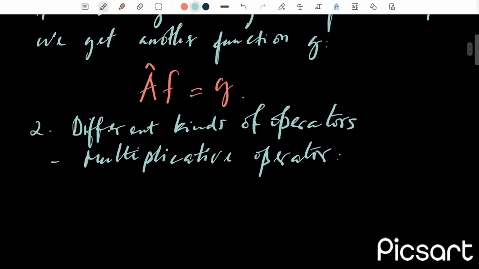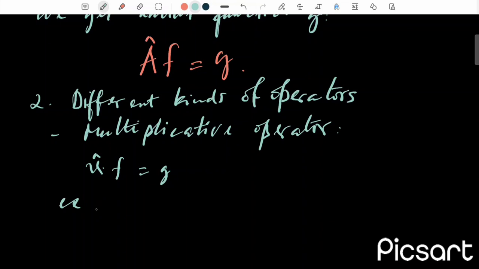Suppose, for example, we call a multiplicative operator u of x, or I will say a general function: an operator u acting on a function f to get a function g.